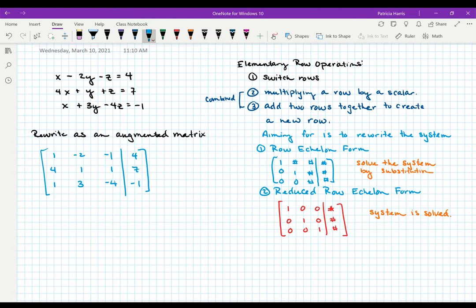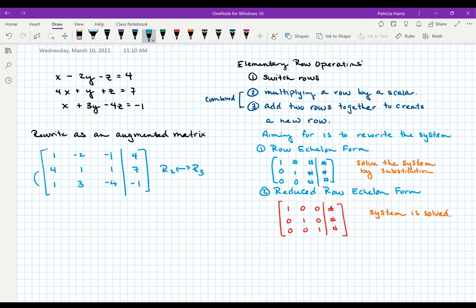Okay, so Edgenuity says that they like the row with the largest leading coefficient on the bottom, which is fine. I don't know why, but up to you. I do like having a leading one on the top. It kind of makes life easier. So what we're going to do is switch row 2 with row 3.